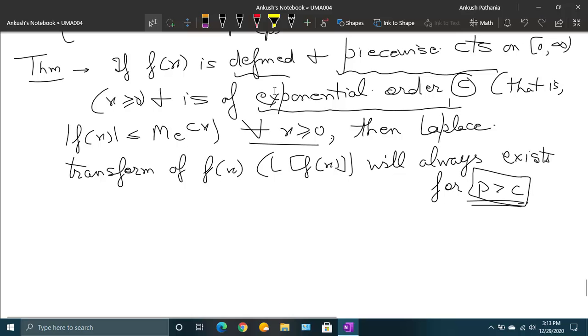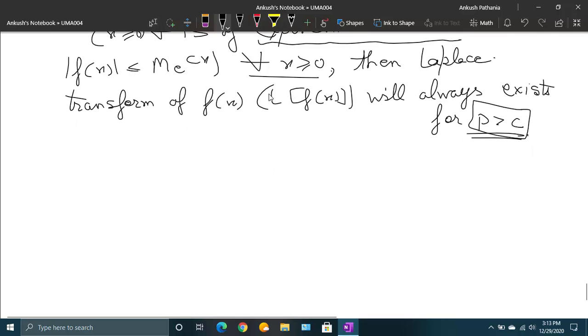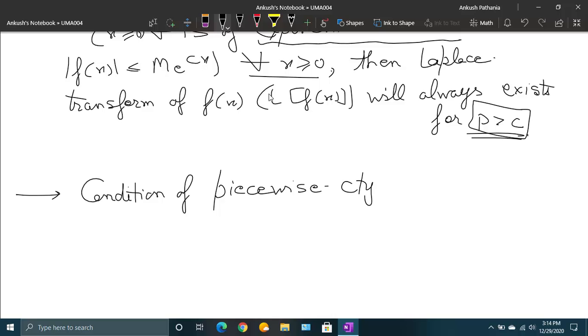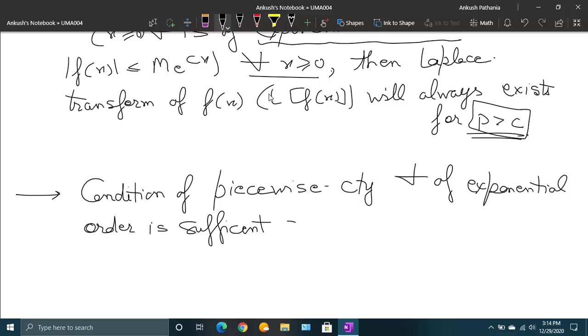Now, before moving forward, one more thing: the condition of piecewise continuity and of exponential order is a sufficient condition for the existence of the Laplace transform.